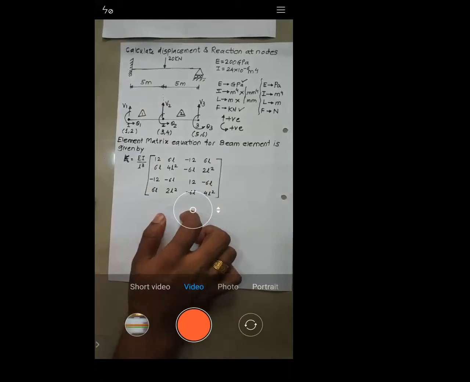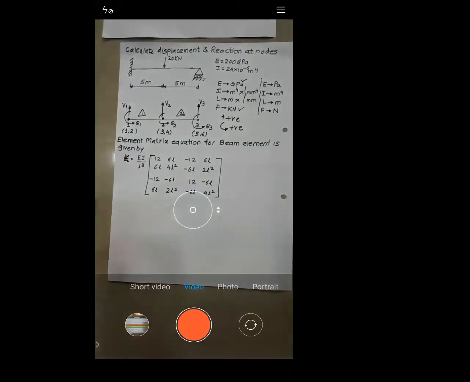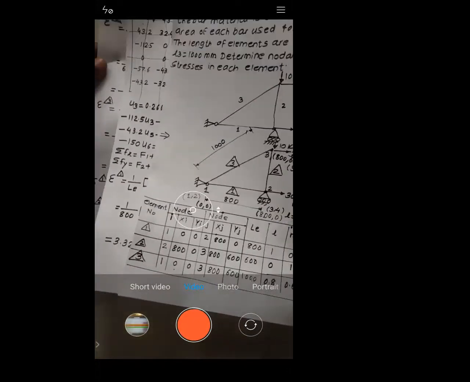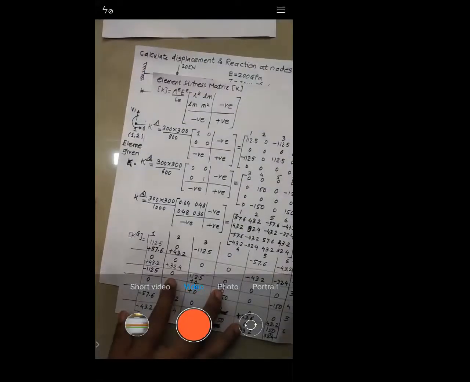In today's lecture we have seen this problem of a truss, right? So for truss, what was the EME? Can anybody tell me? I remember this EME for truss.